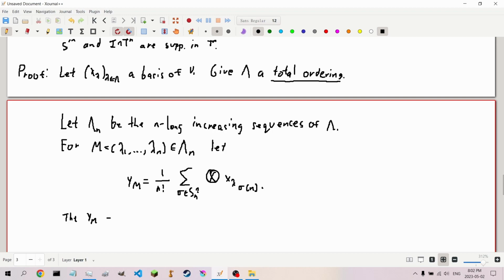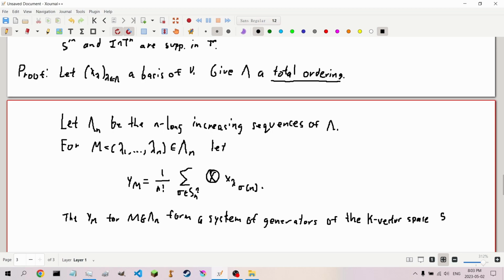And these y M for M in big lambda n form a system of generators of the K vector space S prime n.